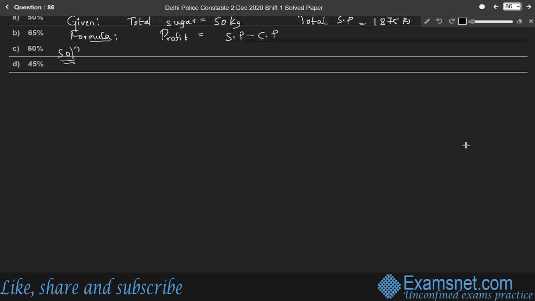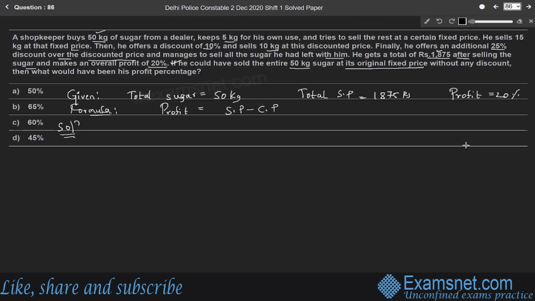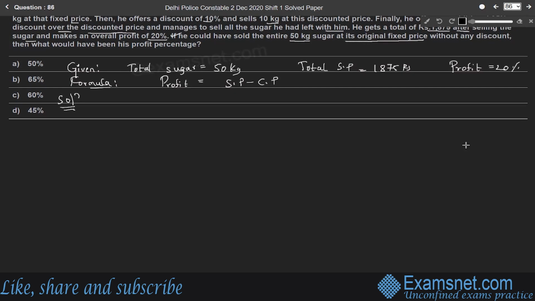So let the fixed selling price be X rupees. So here in the question, let X be the fixed selling price. Then selling price of 15 kg sugar.